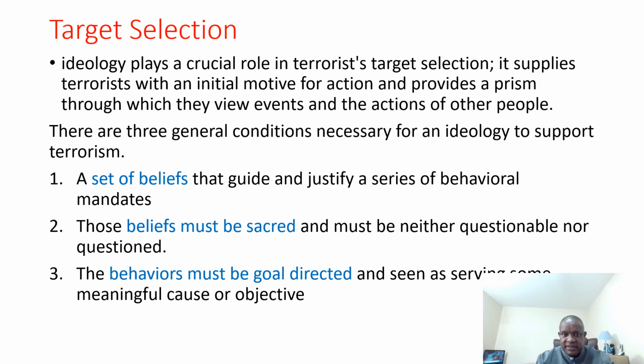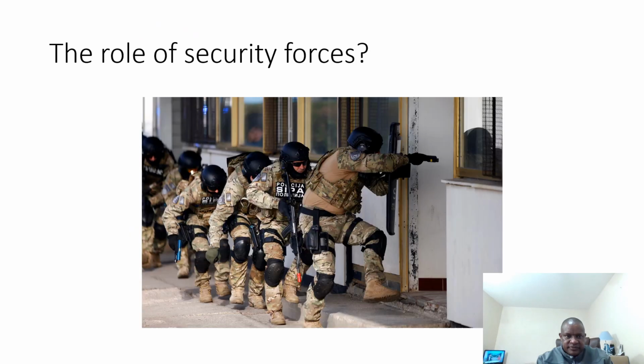Those beliefs must be sacred and must be neither questionable nor questioned. The behaviors must be goal-directed and seen as serving a meaningful purpose, cause, or objective. So these are the three general conditions necessary for an ideology to support terrorism: a set of beliefs, the beliefs must be sacred, and the behaviors must be goal-oriented.